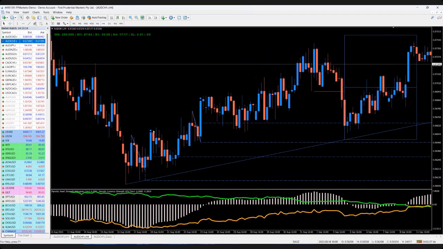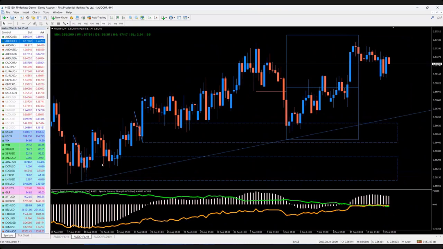Then price started to do this. We started to form demand below price. Price snaps up, we start to break market structure. Price comes back, and we start to buy at these areas over and over again. We had this one here, at the base, at the bottom. Price got filled on this red candle, the trade was filled here. Price left, we formed another one.